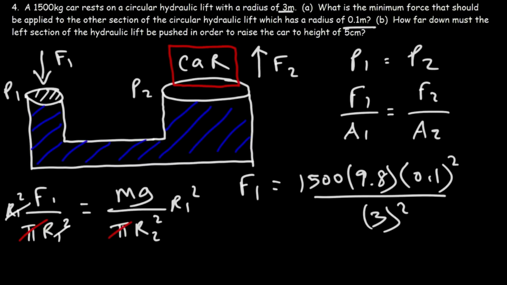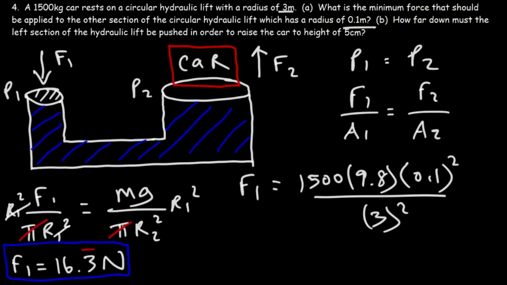So it's 1,500 times 9.8 times 0.1 squared divided by 3 squared. So the force that we're going to apply at the input is 16.3 newtons, or 16.3 repeated. So this is the answer for part A.